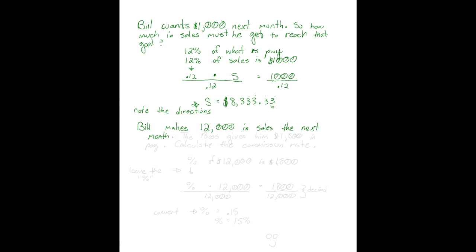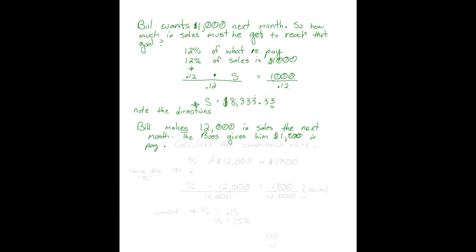And the boss gives him $1,800 in pay, and he tells him that it's a bonus. And so Bill's like, well, is this really a bonus? Is this what I should have gotten? I've never made $12,000 before.